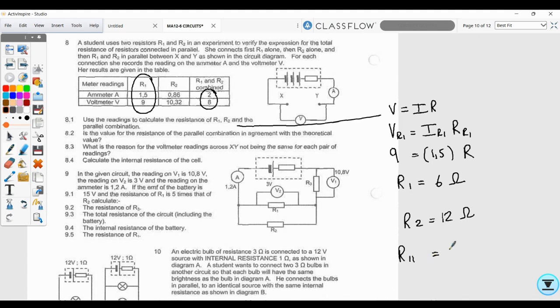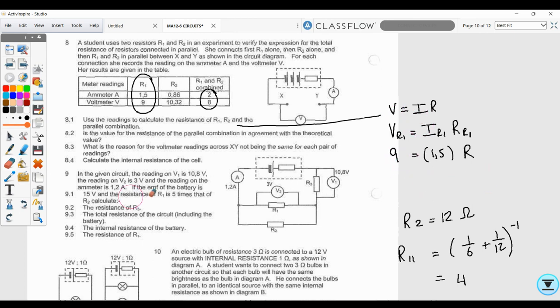So R parallel would be 1 over 6 plus 1 over 12, all to the minus 1, and that gives you... I don't feel like doing the maths.